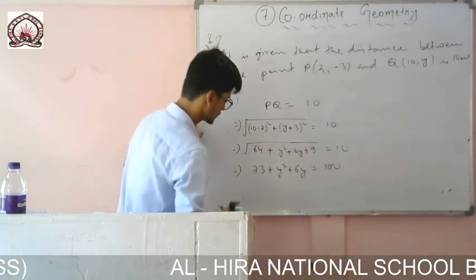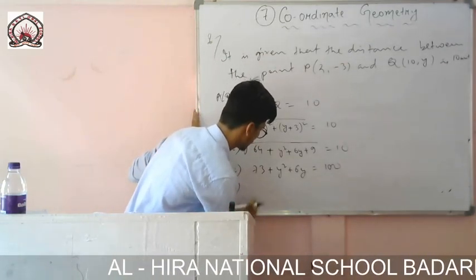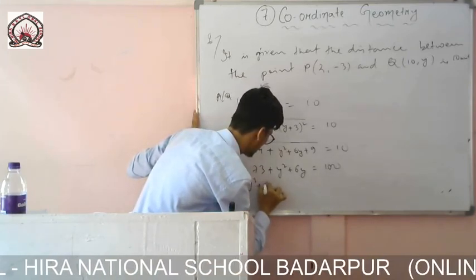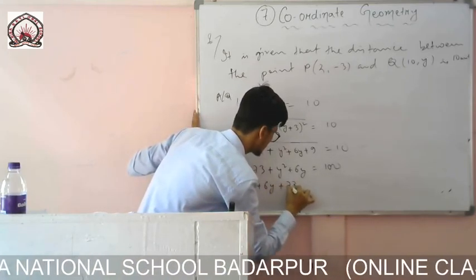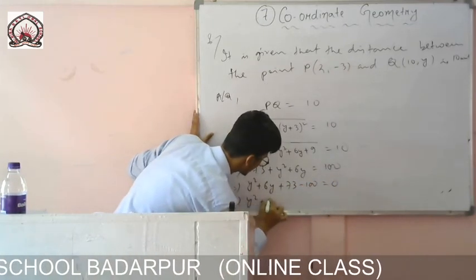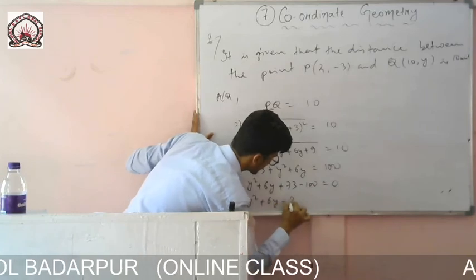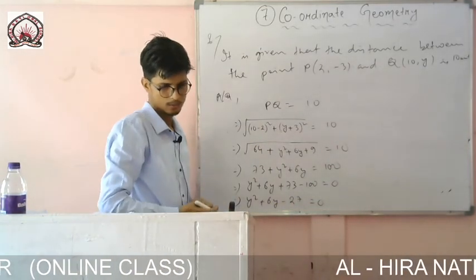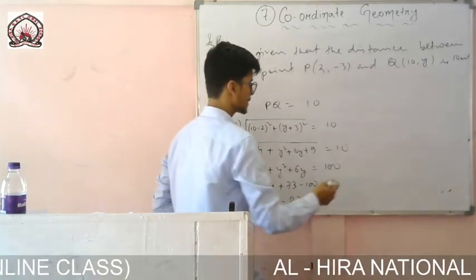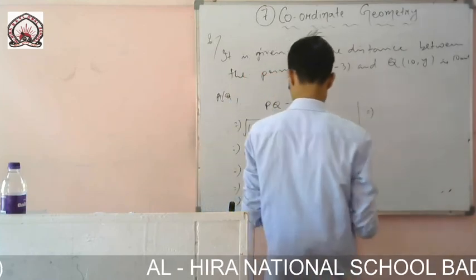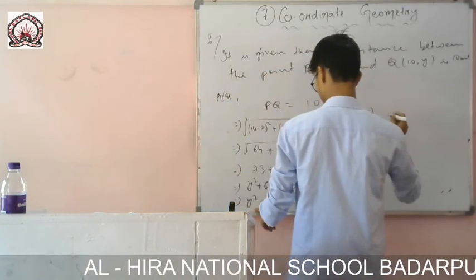Now let me take this one here. So y square plus 6y plus 73 minus 100 equals 0, which will be y square plus 6y minus 27 equals 0. Now if I solve this, you can also do it another way directly, but since I have done it, let me complete it like this.